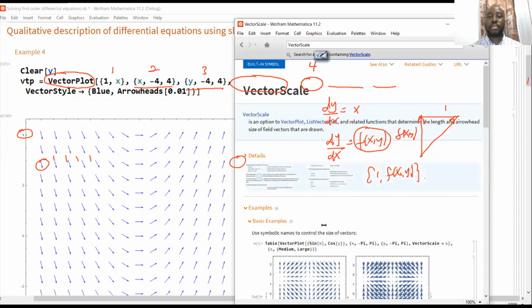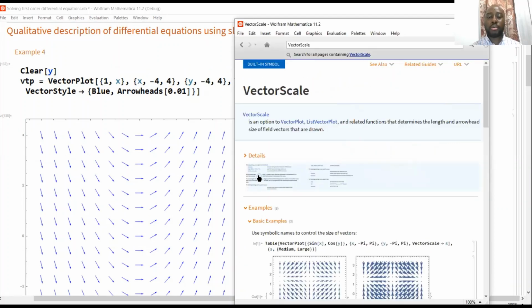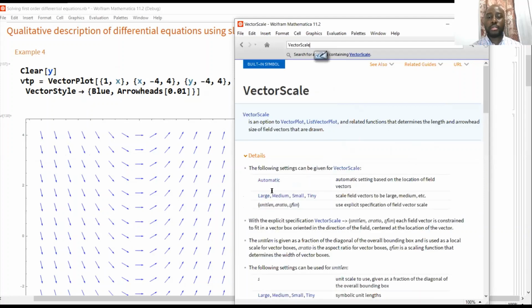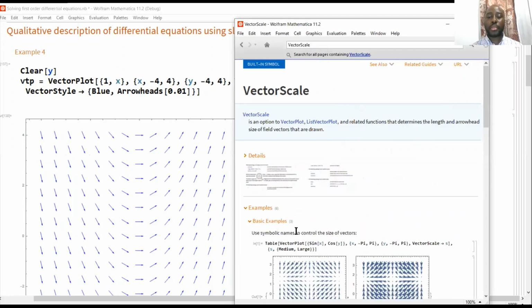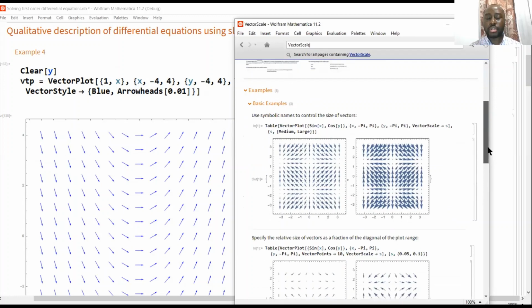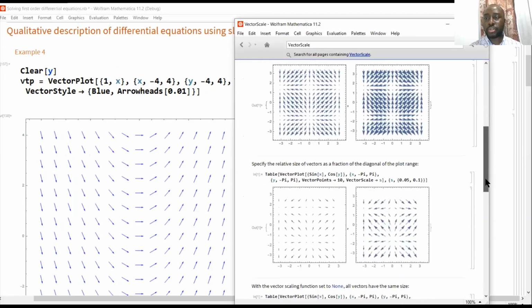And so notice that it brings up vector scale, and then it walks you through the details about how vector scale works. So if you open up these details, you can read about what the different components mean. And then you can go and look at some specific examples of slope fields and how they have used the vector scale function to control the vectors.